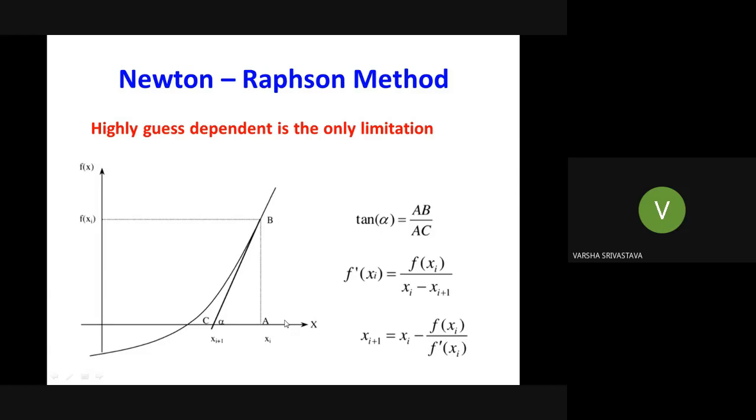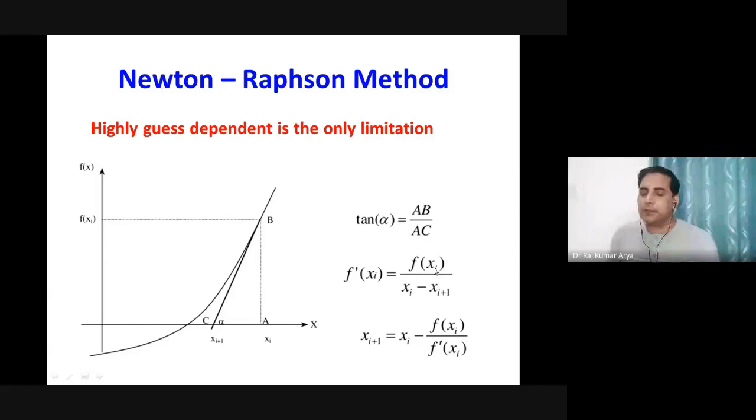So this is your dy, the function value, because from here to here is AB, and this is your delta x here. So you move from here to here. This is the slope of the line only. So based on that, you got the equation of this particular point. So x(i+1) would be xi minus f(xi) upon f dash (xi). So this is your Newton-Raphson formula to calculate your root actually.